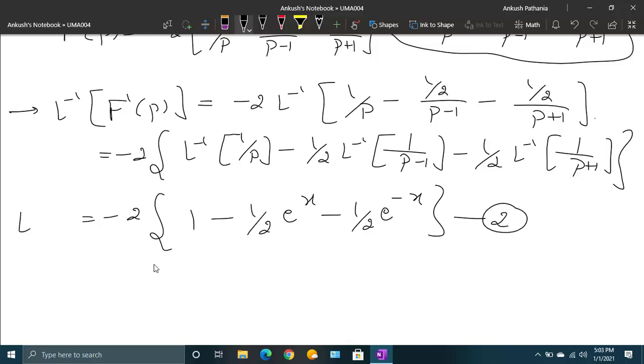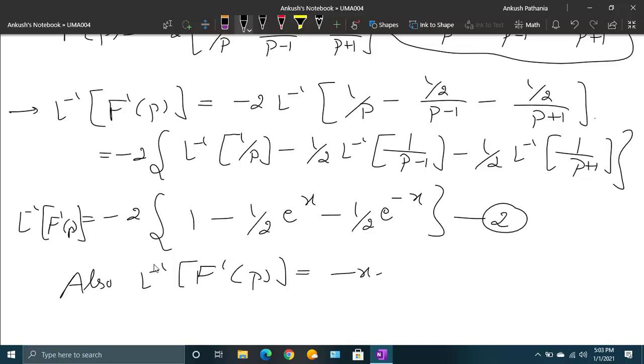This is what we need to find, f(x). First, from F(p), take its derivative and then take its Laplace inverse. Also, by inverse Laplace transform property 2, the Laplace inverse of F dash p is equal to minus x f(x).